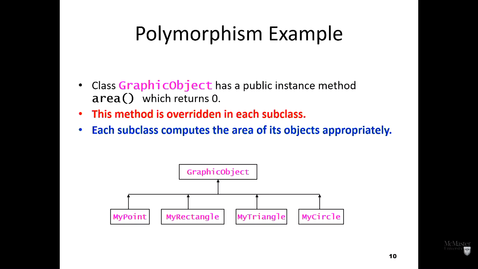So especially with inheritance, you have one parent class, similar to the graphic object that we have here. You have multiple childs. And this is a very good example of how you can leverage this to write professional programs in a very, very easy way, right?